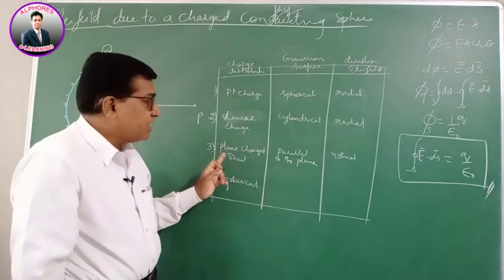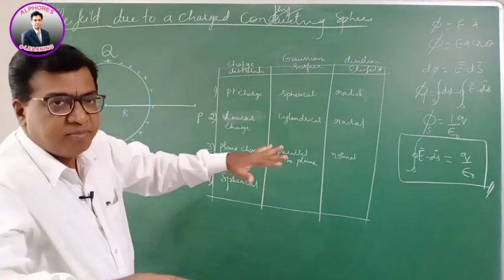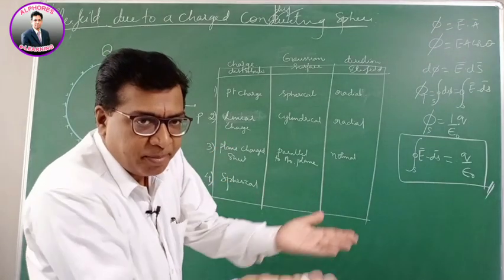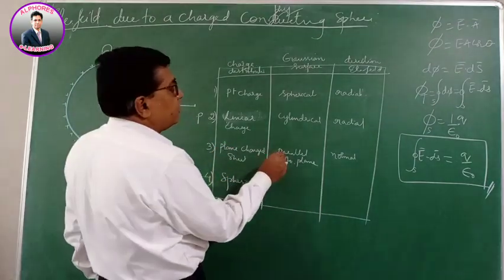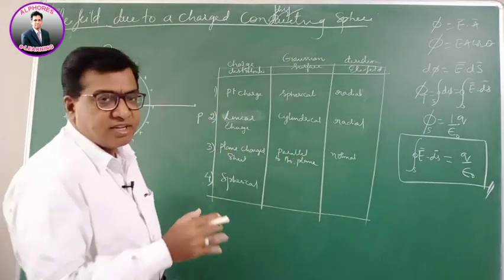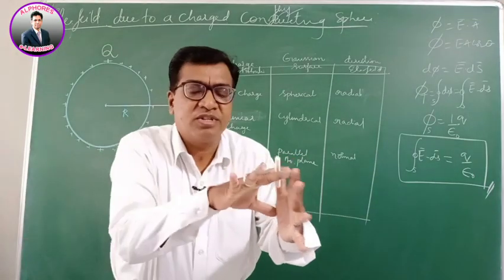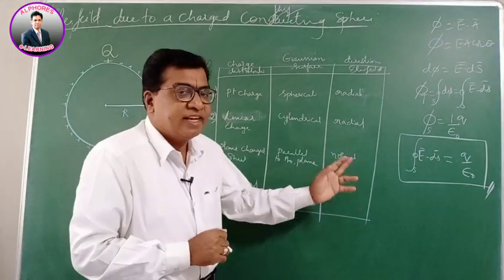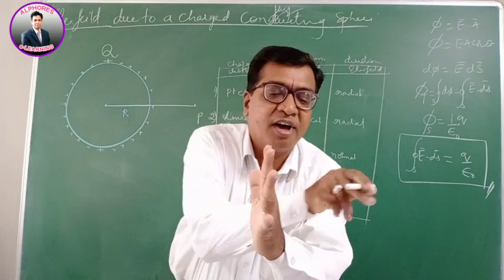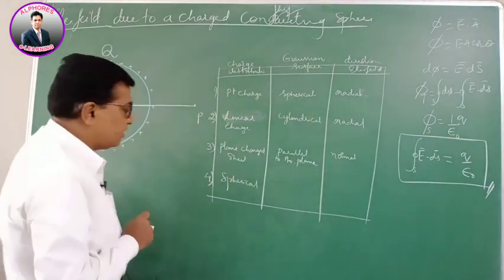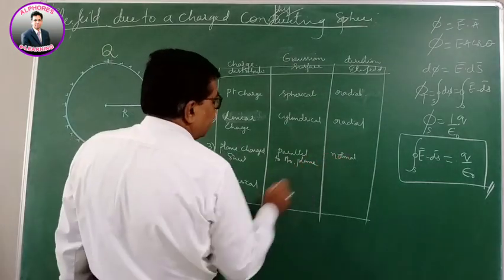Third, if the charge is on a plane charged sheet, then you have to imagine a Gaussian surface parallel to the plane, enclosing it on either side symmetrical to the plane sheet. The direction of the electric field is normal to the plane, normally away from the plane, whatever you imagine.